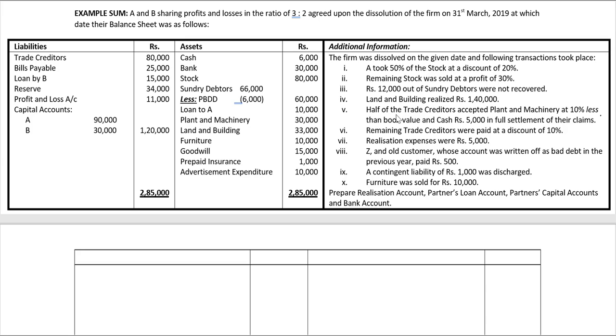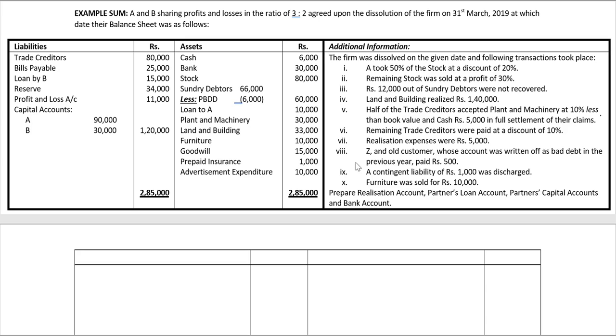Fourth point, land and building realized rupees 1,40,000. Point 5, half of the trade creditors accepted plant and machinery at 10% less than the book value and cash rupees 5,000 in full settlement of their claims. Point 6, remaining trade creditors were paid at a discount of 10%.